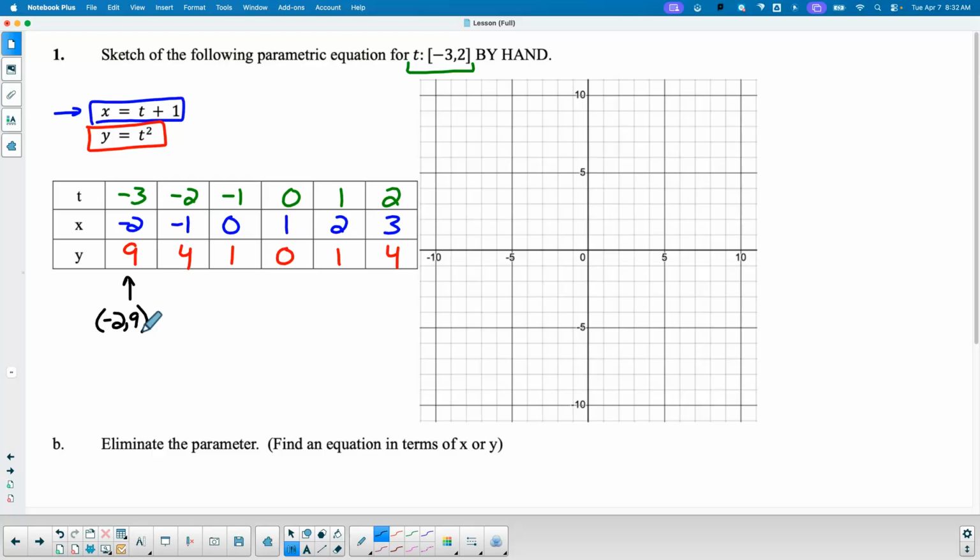And that's the point that I plot on my graph. -2, 9 is right there. This is the point -1, 4. That would be the next point that I plot. This is the point 0, 1.